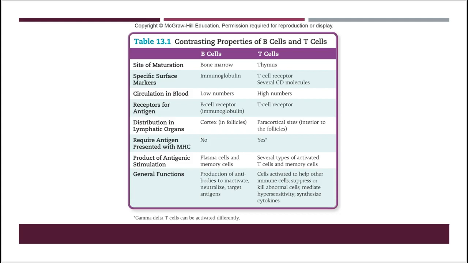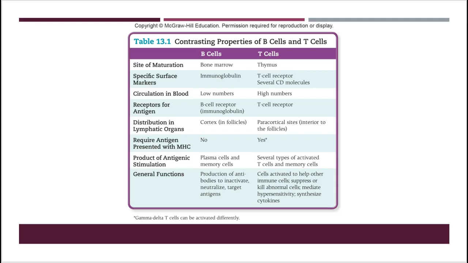All right, so this table is also from your text, and it compares B cells with T cells and distinguishes these two types of lymphocytes from one another. So you can see each of these cells mature in different locations: B cells in the bone marrow, T cells in the thymus.